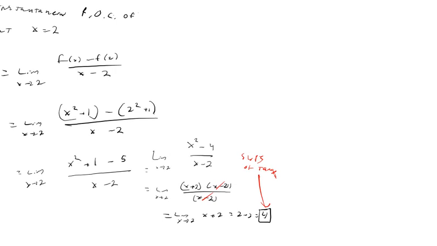The formula for the rate of change is the limit as x approaches whatever value I want, a, of f of x minus f of a over x minus a, for instantaneous rate of change.